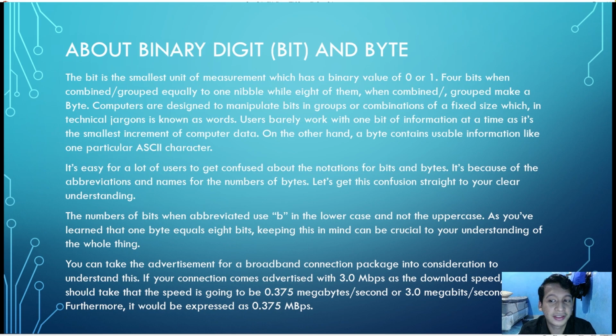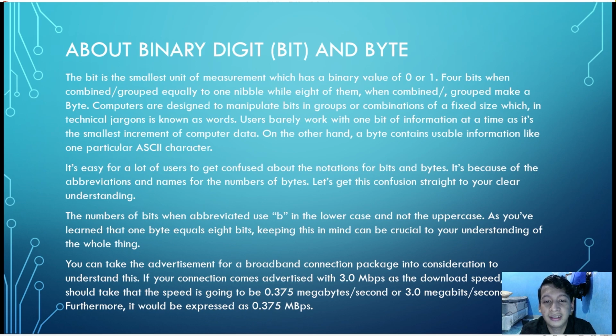4 bits when combined or grouped equal one nibble, while 8 of them when combined or grouped make a byte. Computers are designed to manipulate bits in groups or combinations of a fixed size, which in technical jargon is known as words.